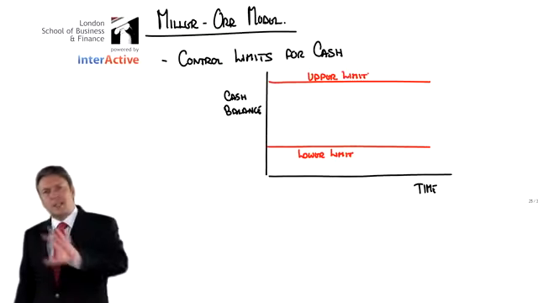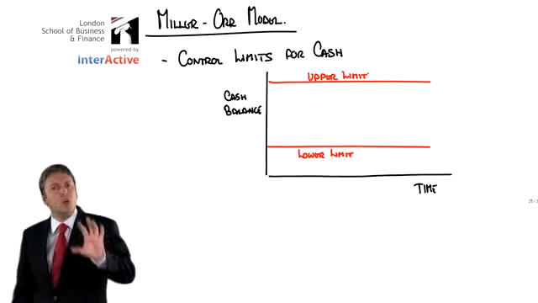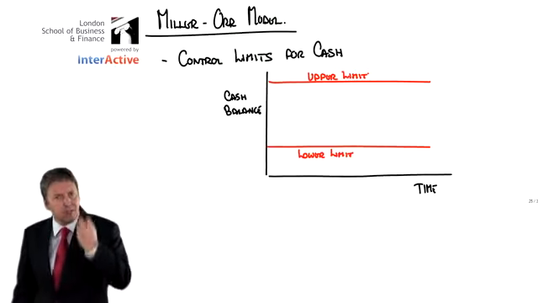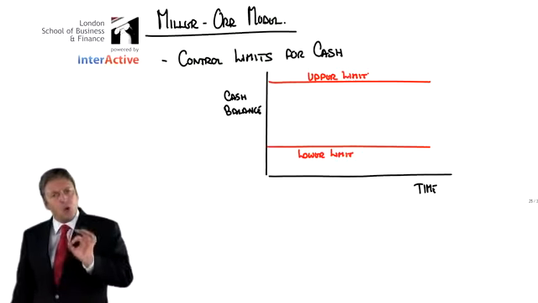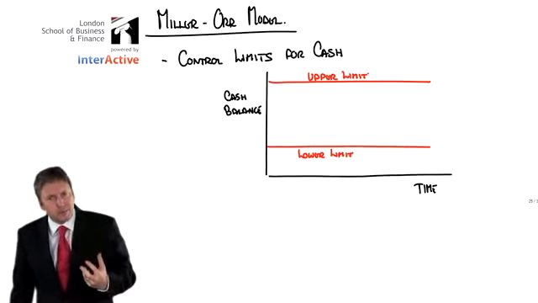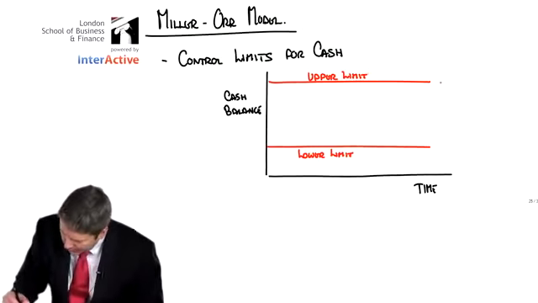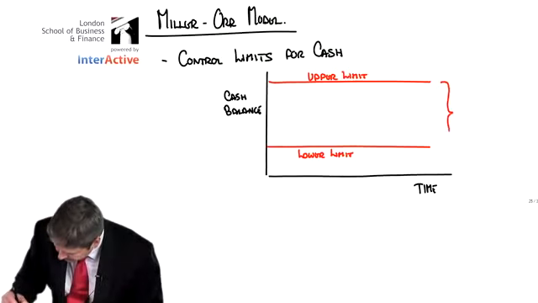Now, the lower limit is nothing to do with Miller-Orr. You will have to be given that by some other means. All we want to do with Miller-Orr is to understand the difference between the lower and the upper limit. This difference is called the spread.